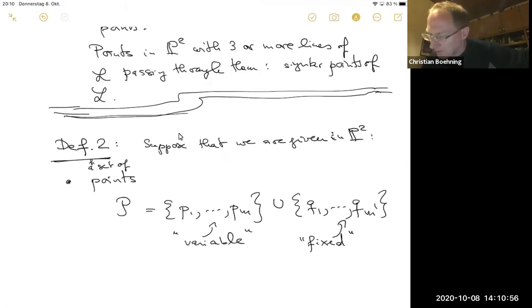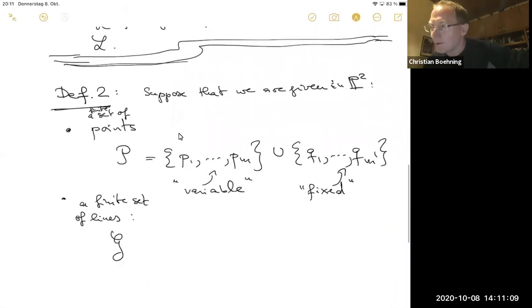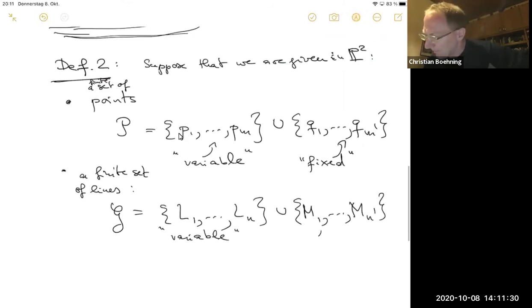So a finite set of points, and then also a finite set of lines. We call it G, say, consisting again of n variable lines and some other set of fixed lines given at the outset. These are fixed.